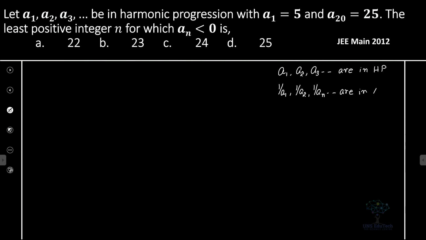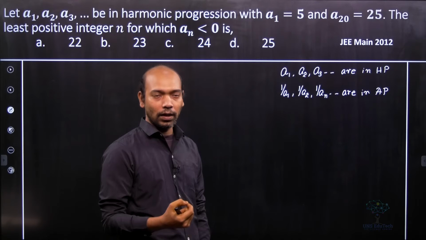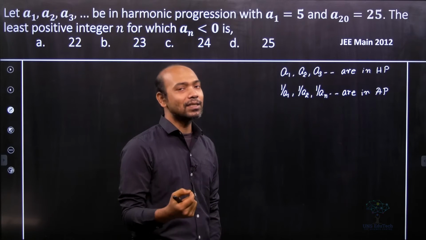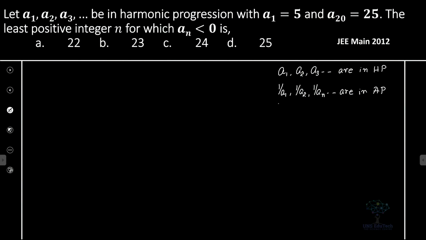So that's the property of HP. Okay. Now, as we are trying to solve this problem with the use of the AP series, let's consider the common difference. For this AP series, let us take the common difference as D.